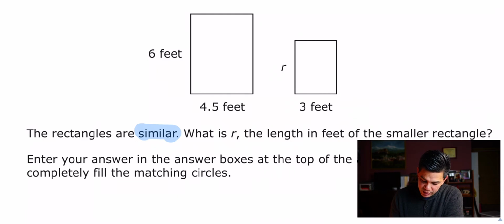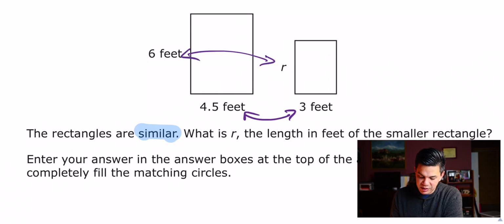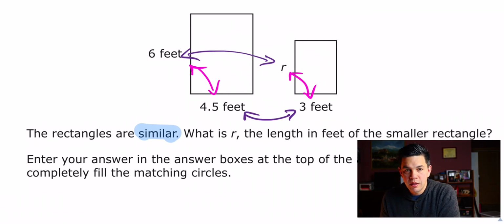So we can look at either the relationship between these two sides and compare it to these two sides, or we can look at the relationship between these two sides in the big triangle, and it's going to have the same relationship between the two small sides in the smaller triangle.